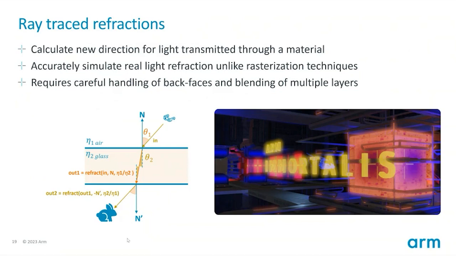So again, using some physical formulas, we have an index of refraction associated with each material that we can use to exactly determine the angle that the ray will make as it enters and exits the object. And with that and the built-in refract function, we can calculate the new direction of the rays. So with two rays, we can then exit the object and sample the color of anything that is behind it.